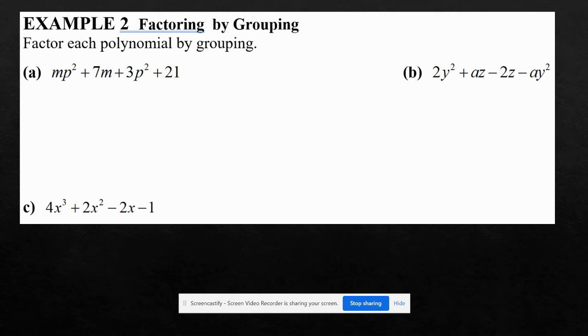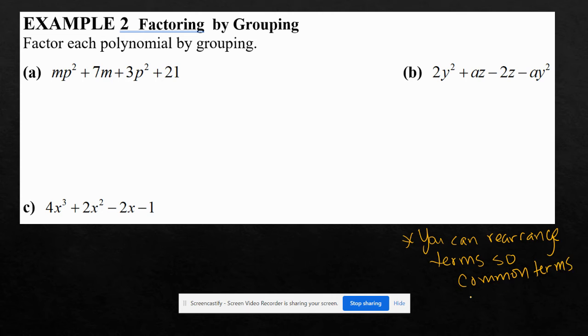Two things about this. First, you can rearrange terms, so common terms are near each other.